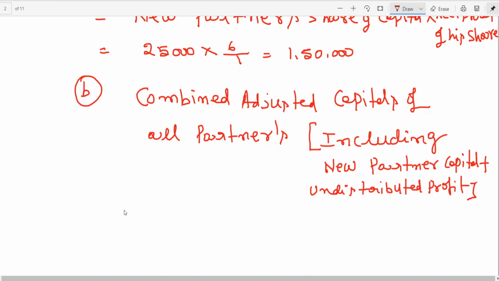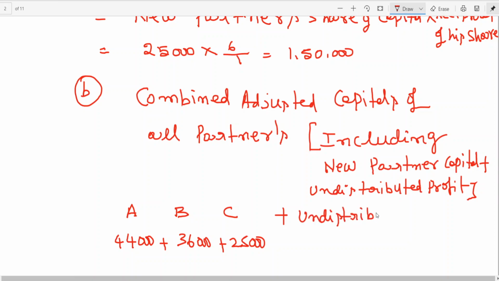A's capital has already been given, B's capital also given in the opening balance sheet. This is problem number 3 that I am explaining from page number 104 of Charm's material. A's capital is 44,000 plus B's capital is 36,000, C's capital 25,000, plus undistributed profit.